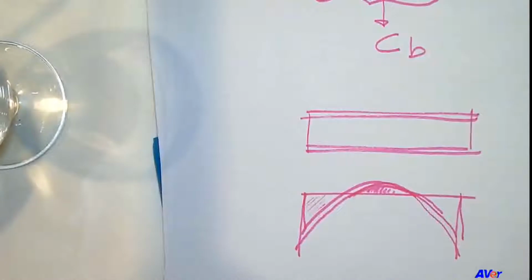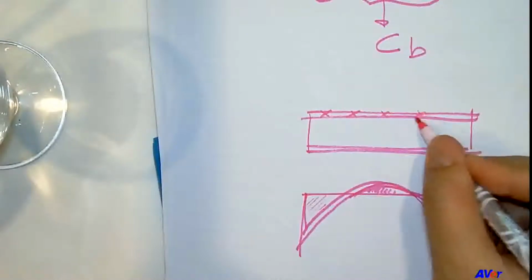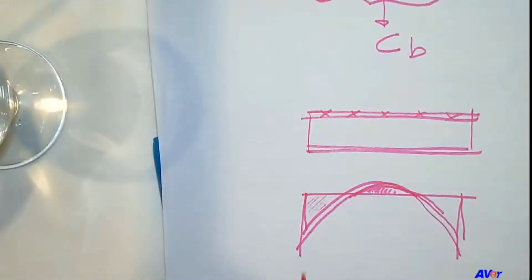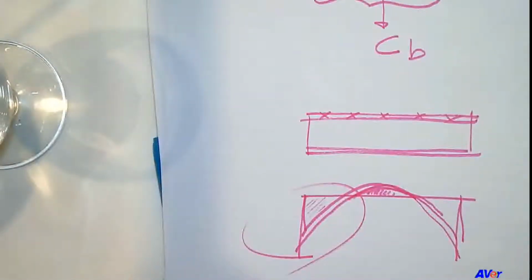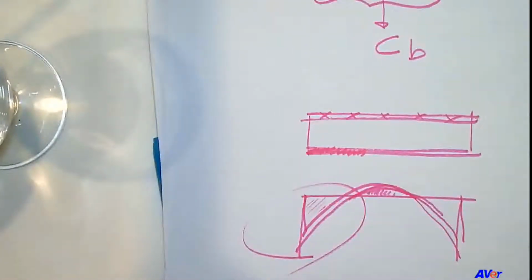You say, oh, I need to have some bracing, so let's brace it here. Does that help here? No, of course not. How can it help? Because your compression is here, right? This is understanding the beauty of the behavior of the structure.